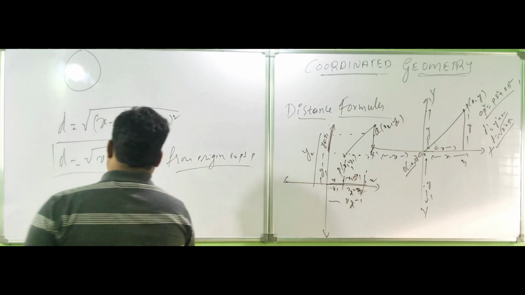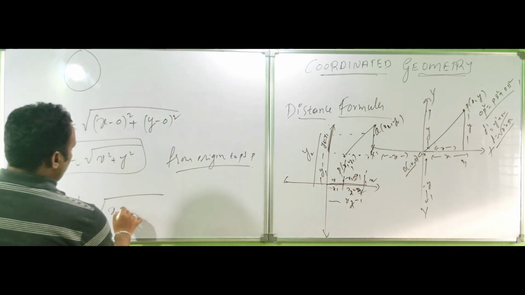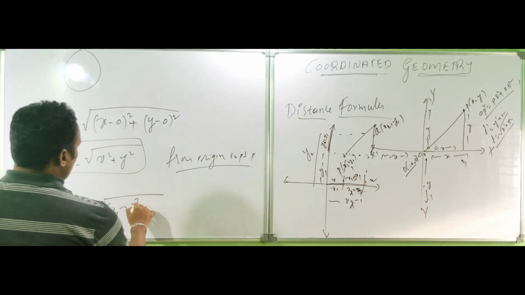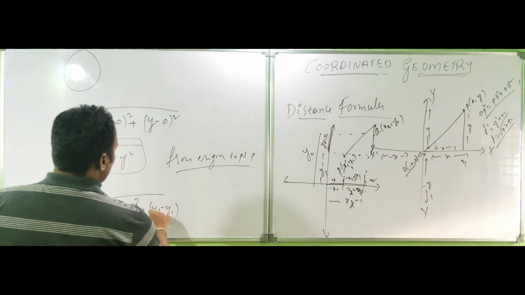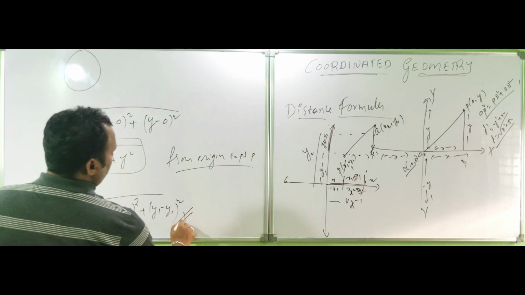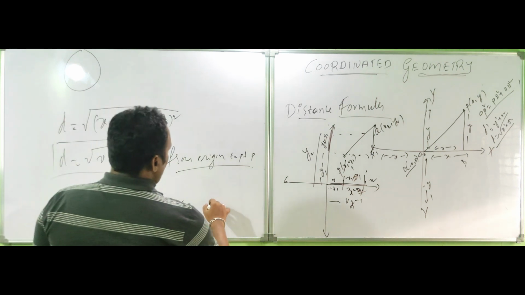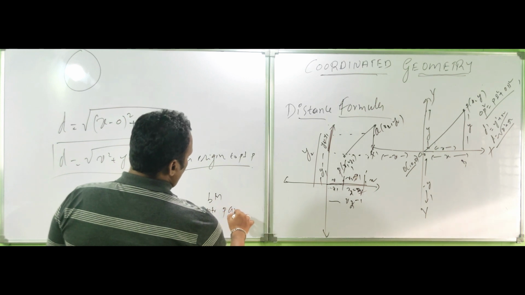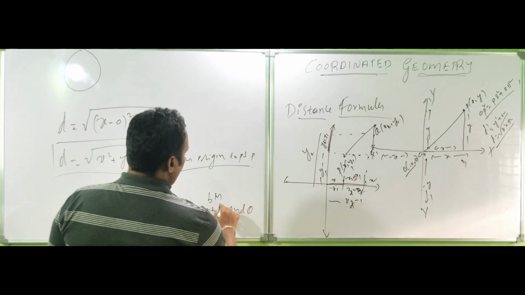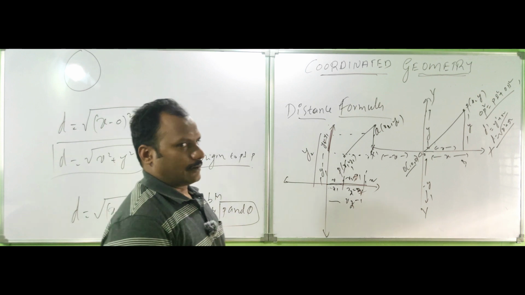Therefore d is the square root of (x2 minus x1) whole square plus (y2 minus y1) whole square, between points P and Q. It is called the distance formula, basic only.